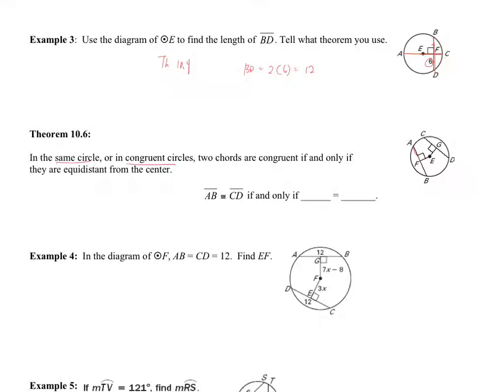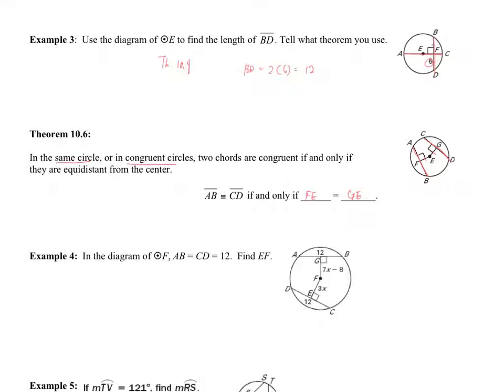So AB is congruent to CD if and only if FE is equal to GE. For the full proof, please refer to my website and I will explain it in class. Let's first learn how to apply the theorem.